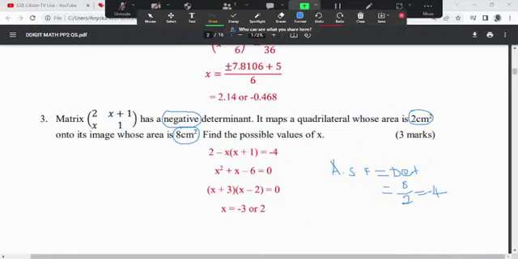And then we know the determinant is equal to the area scale factor. So that's where this 4 is coming from. 4 is the determinant of the matrix of transformation, the area scale factor, which is equal to the determinant.